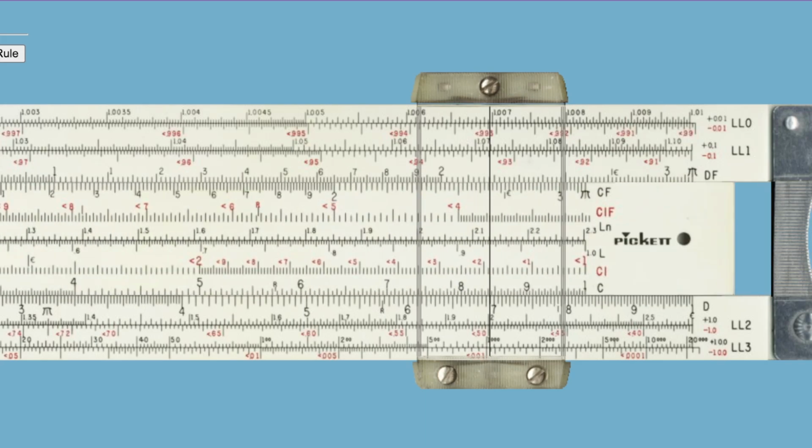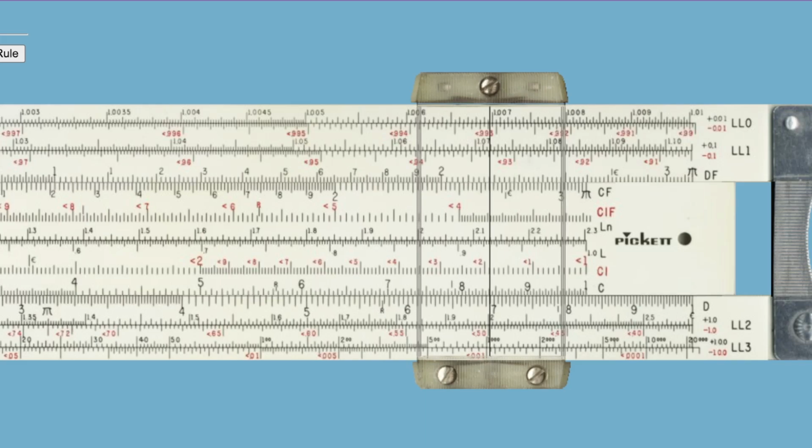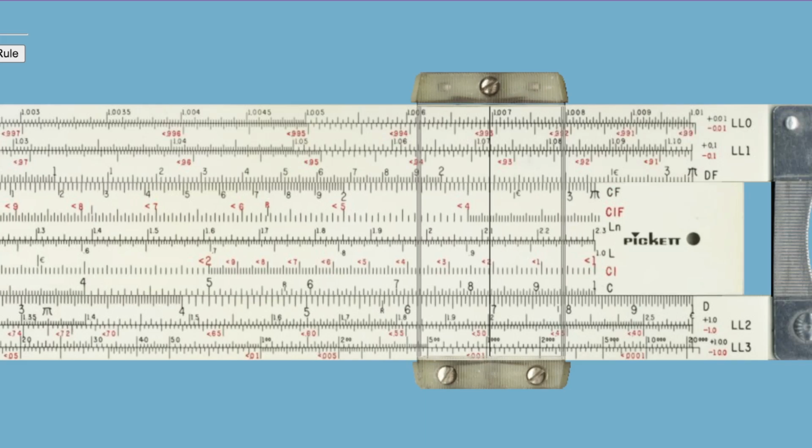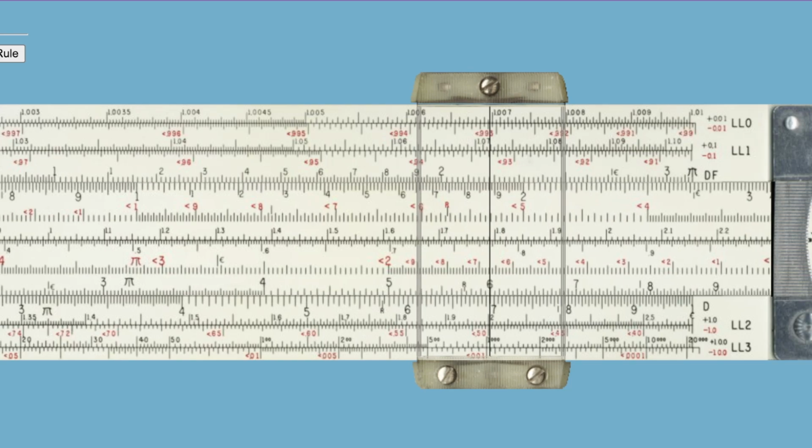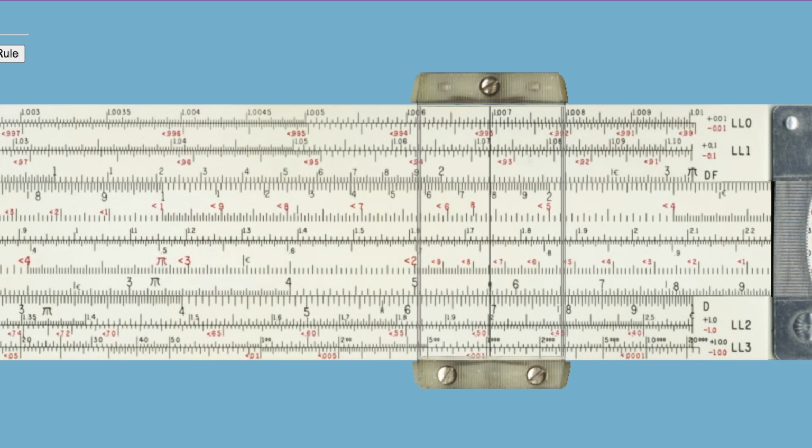5,730 years. Now, what's interesting on this particular slide rule is we have a gauge mark or a calibration mark. There's a little r at 57.3 because that is used to convert degrees to radians. It's convenient that 5,730 years is the half-life of carbon-14.